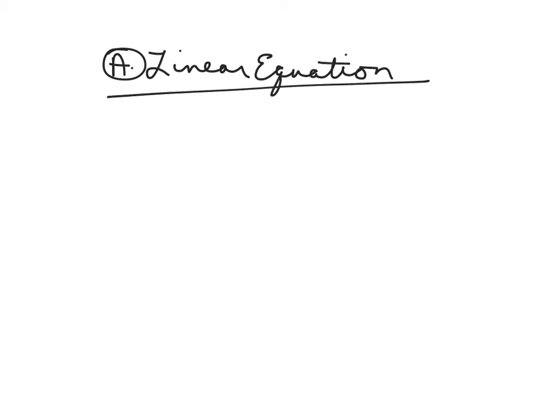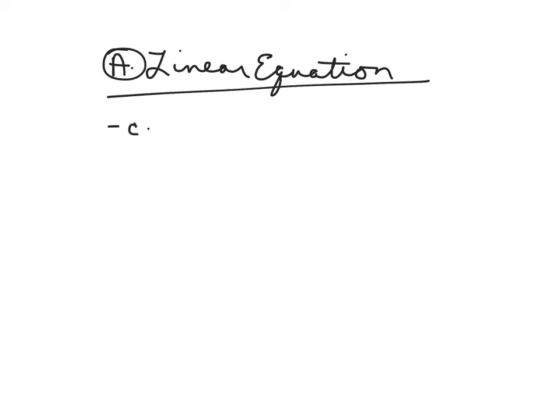Let's begin section 2 by defining a linear equation. You can see why it's called linear, because when we graph it, the graph is going to be a line. Root word. So here you go.